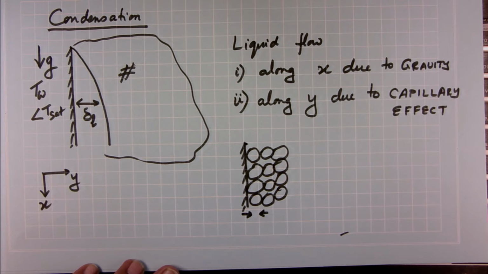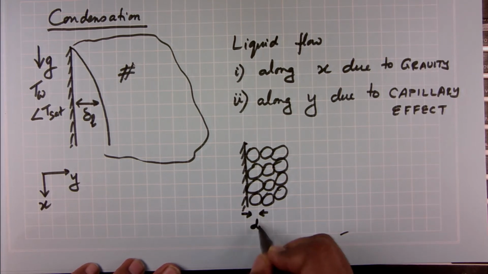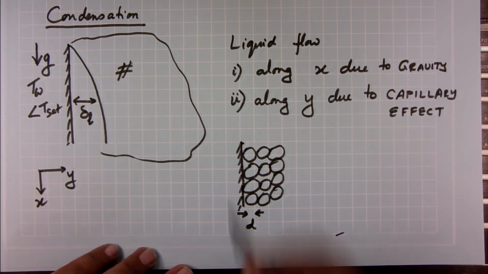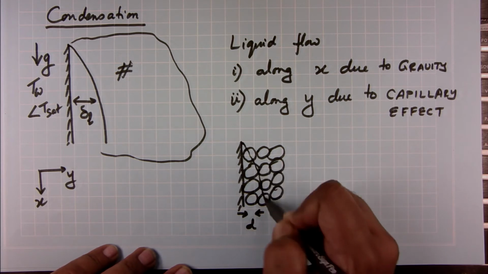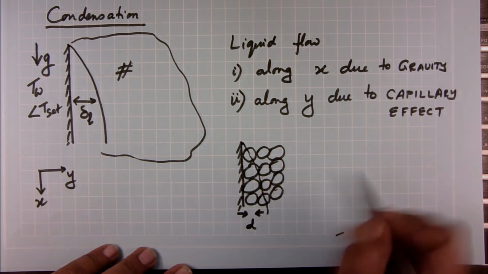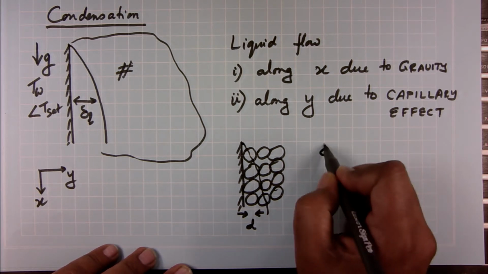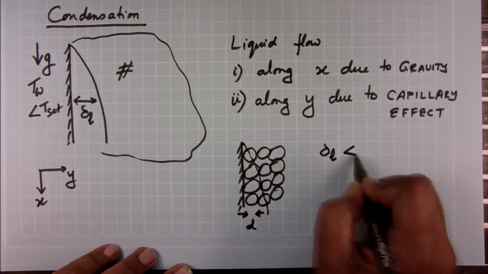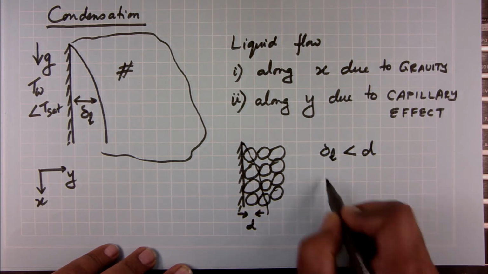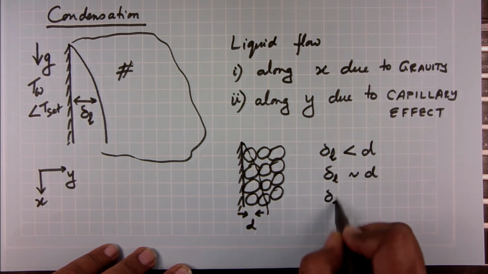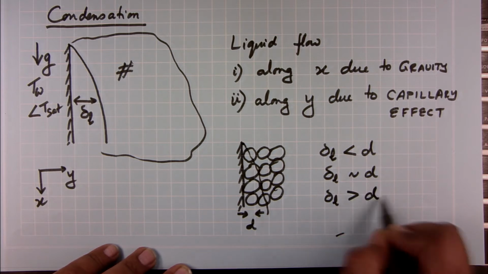If the typical diameter or the length scale of the porous medium is d, I can have 3 scenarios, and then this is again my liquid film. The first one is my film thickness is less than d, my film thickness is comparable to d, or my film thickness is greater than d.